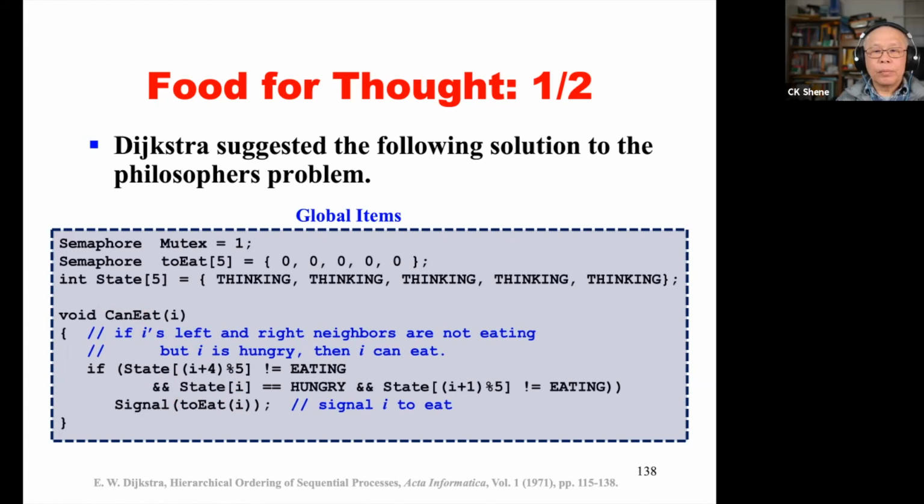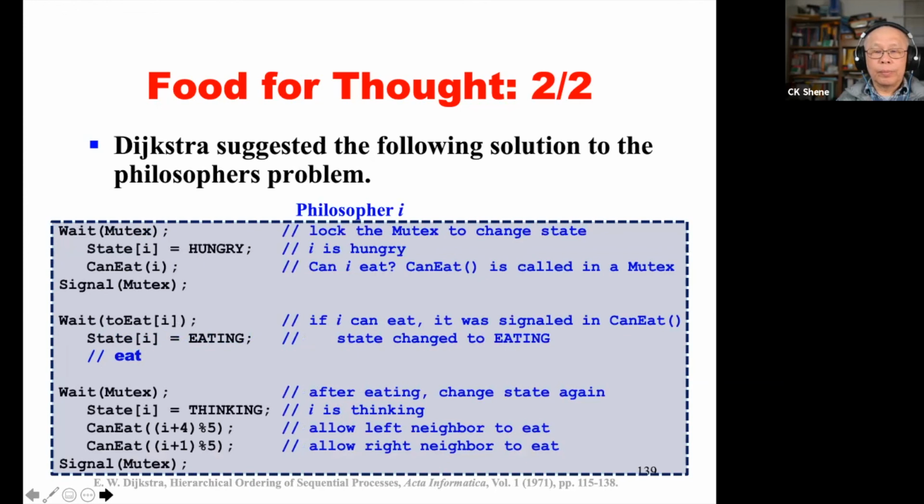Now, how do we write a philosopher? Of course, the array state is shared by all philosophers. When philosopher i is hungry, philosopher i must set its state i to hungry.